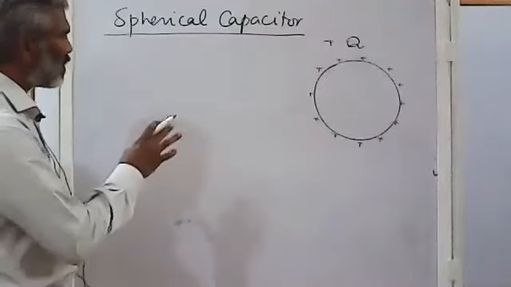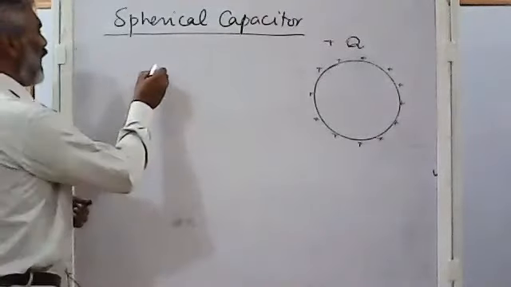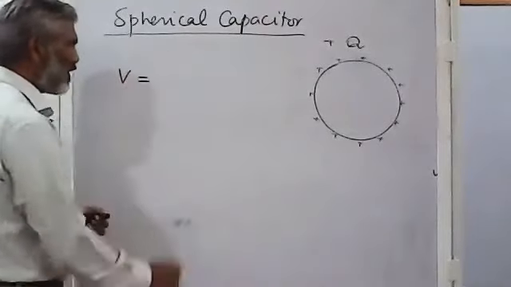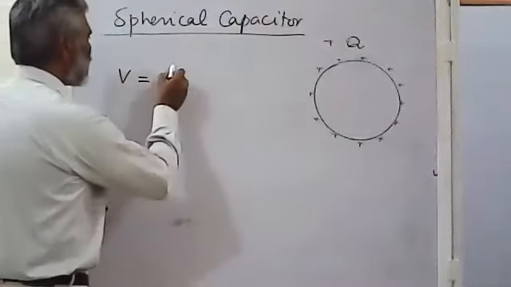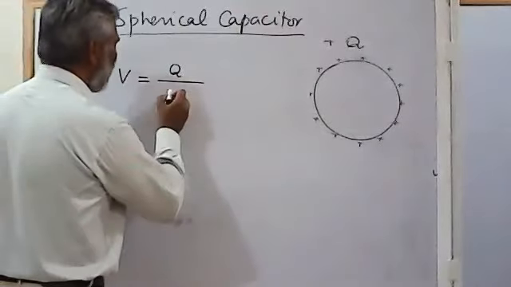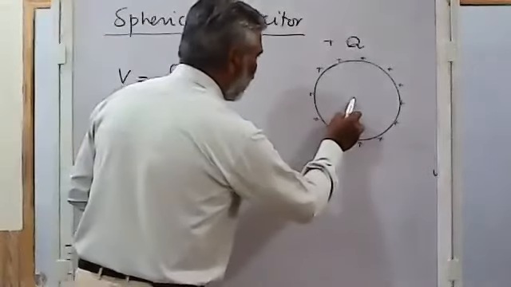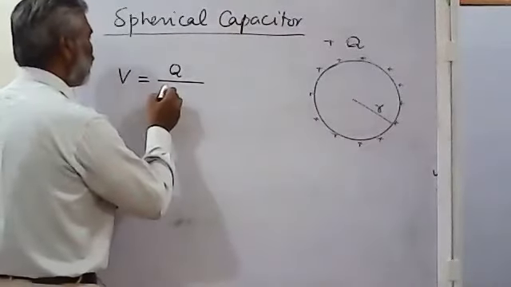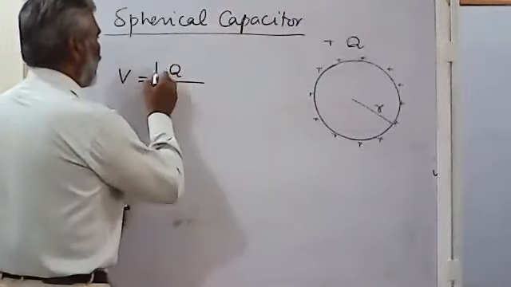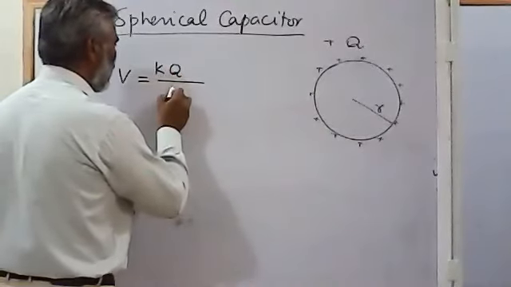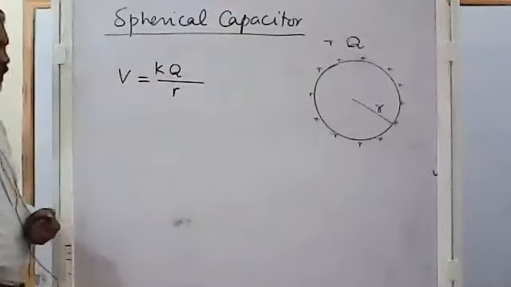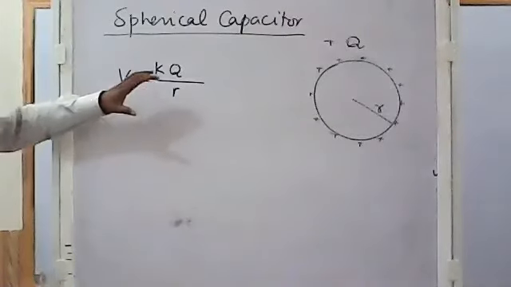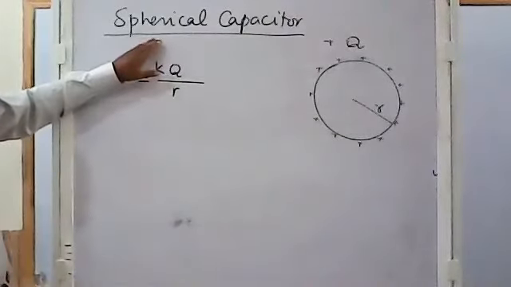So this sphere has a certain value of potential on its surface, and that potential is given by the same formula. If I know it has a radius r, it is kq over r. This is the same formula that we learned in the last chapter, and this is because the sphere has an important property.